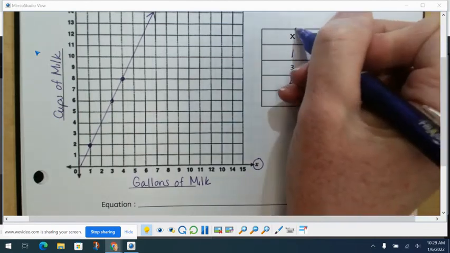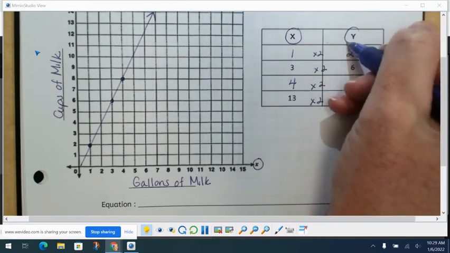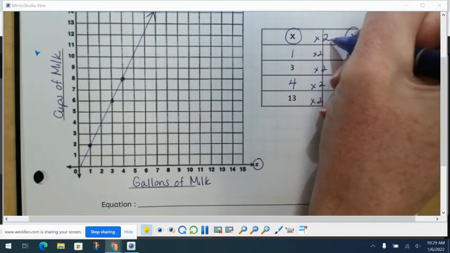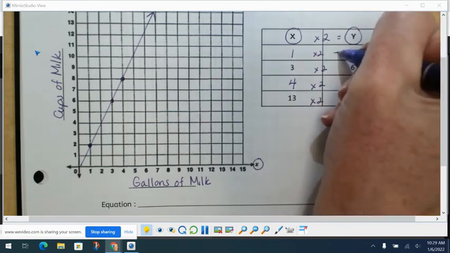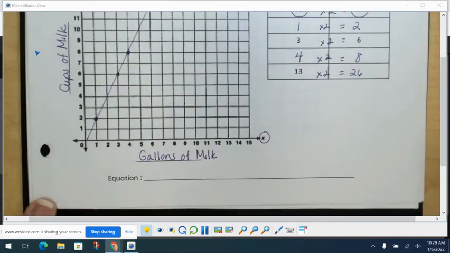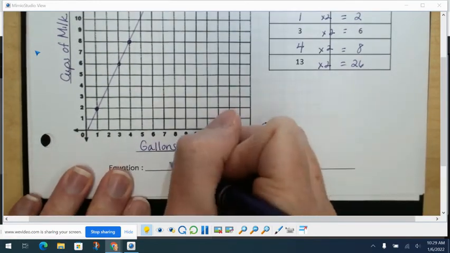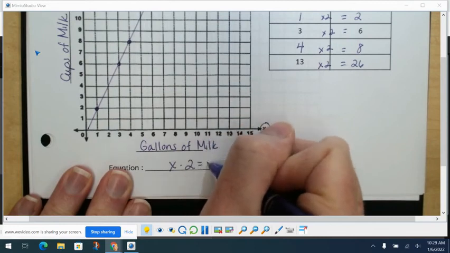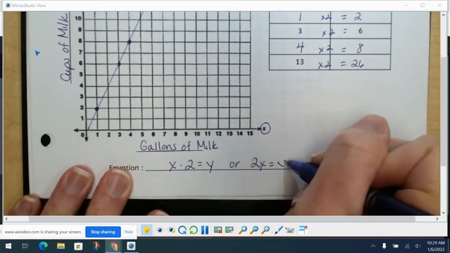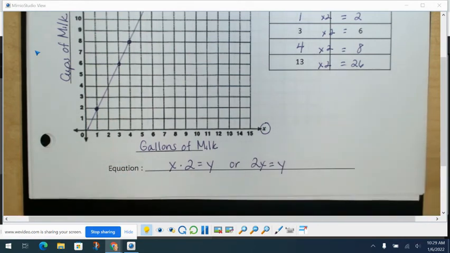So I look to see what my variables are up in my table. I'm really doing x times 2 equals y. My equation comes directly from my table. So it's x times 2 equals y, or I can say 2x equals y, or y equals 2x.